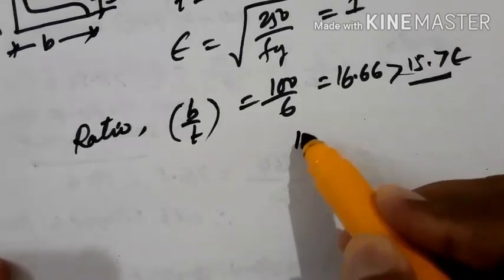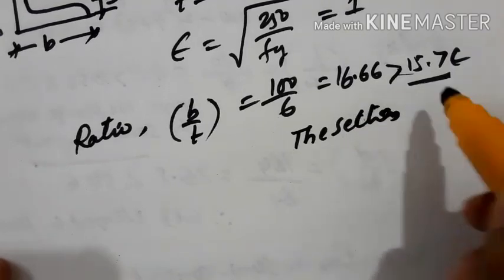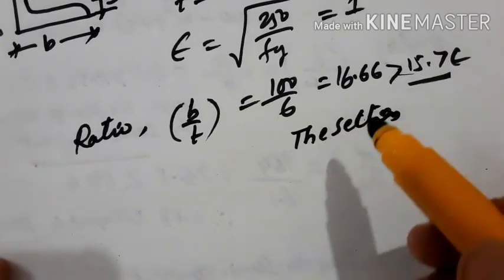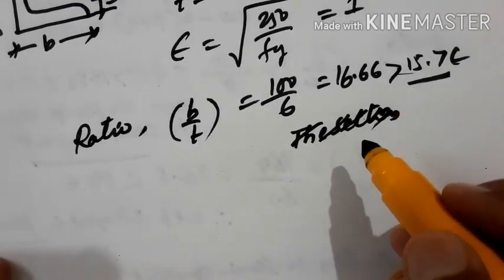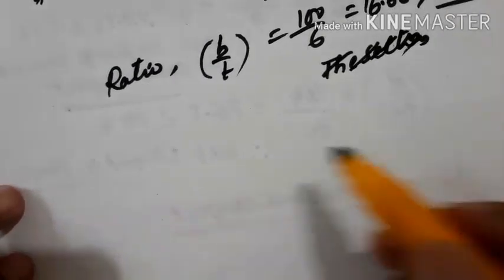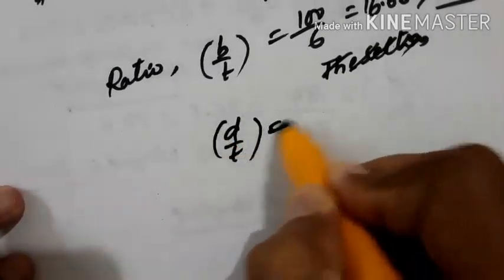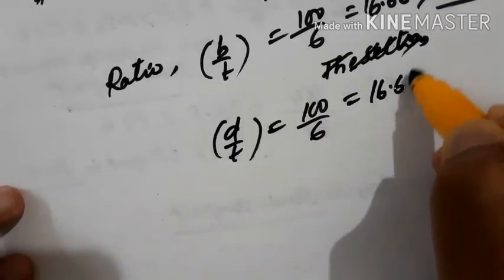Hence the element, before that one more ratio I have to calculate, that is d by t, 100 by 6 equal to 16.66.